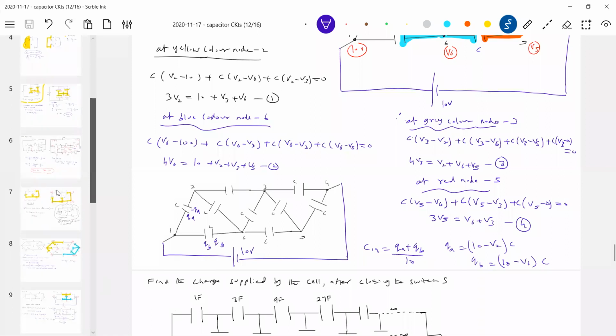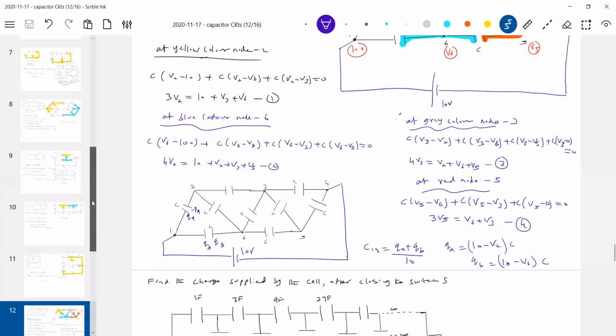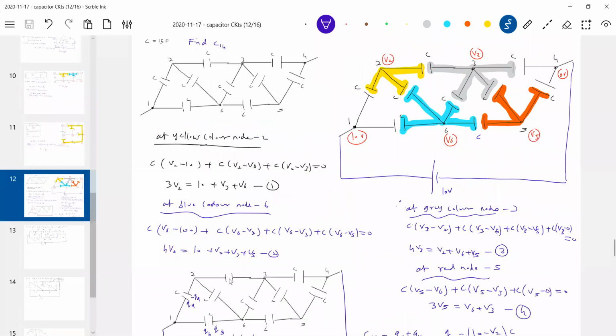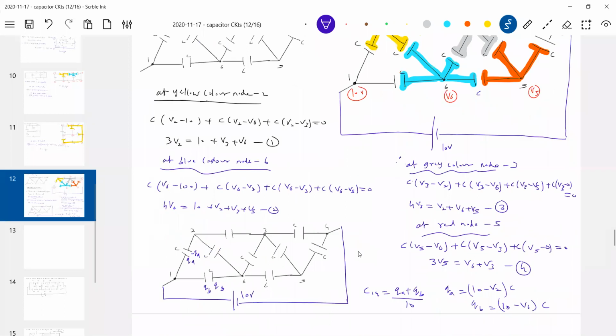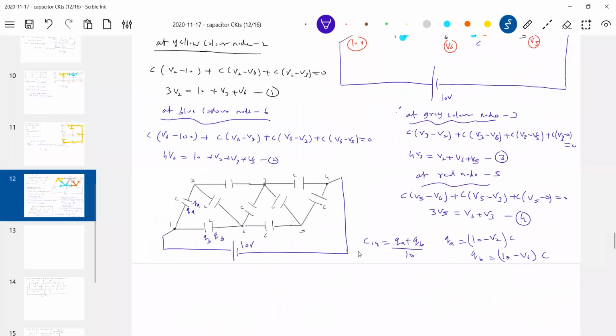Where are we here? Sir, the answer is 7C by 12, sir. 7C by 12. Getting 11, sir. 11 is coming. 11C by 15, I'm getting. 11C by 15.